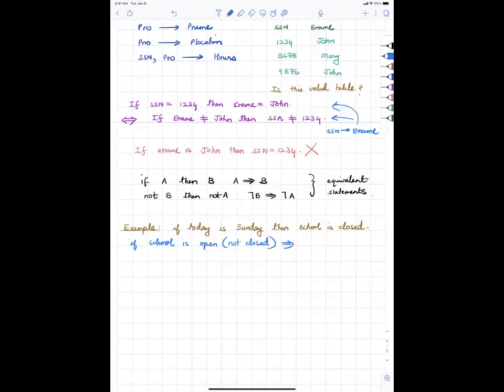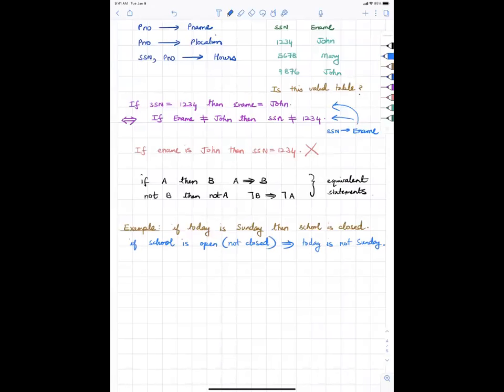So if school is open, then you know that today is not Sunday. Based on that statement I just wrote, if someone told me UNH is open today, then you know immediately, okay, then today is not Sunday.